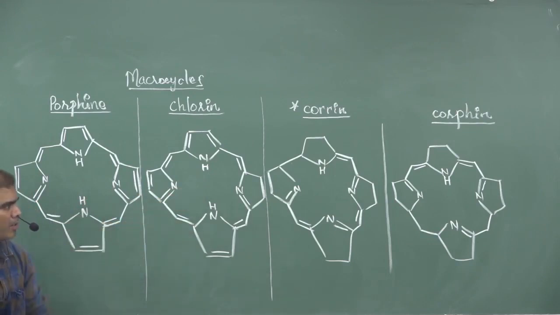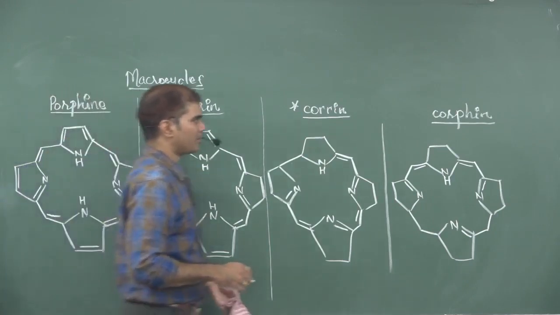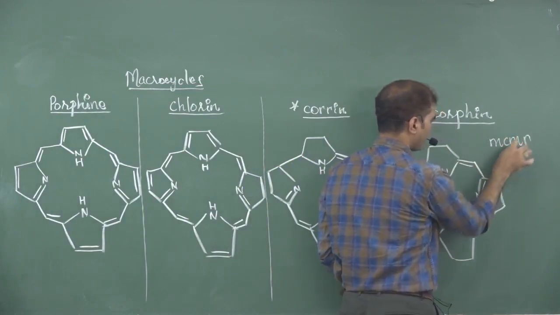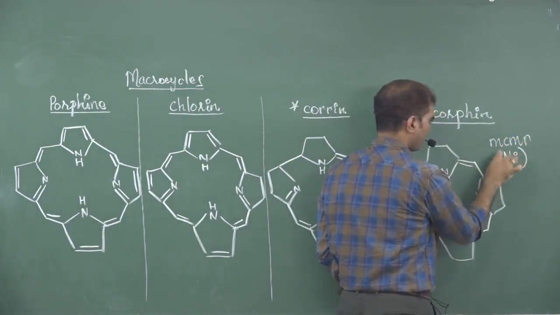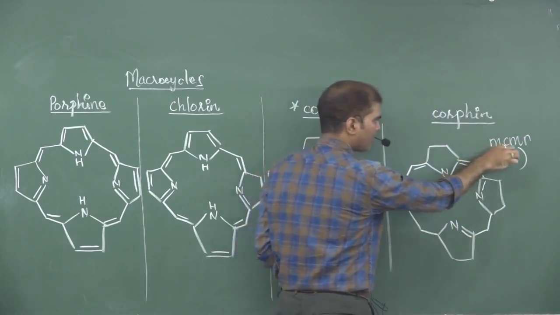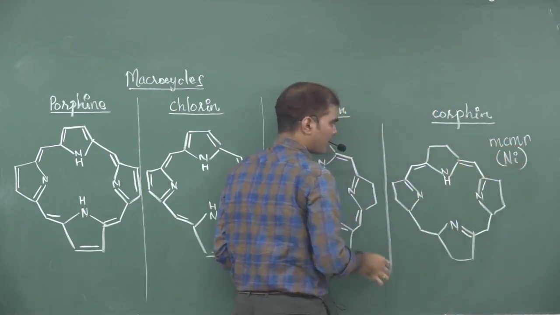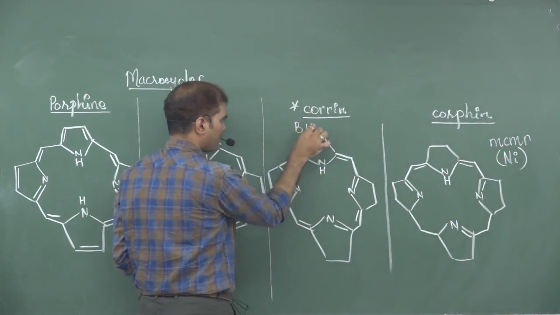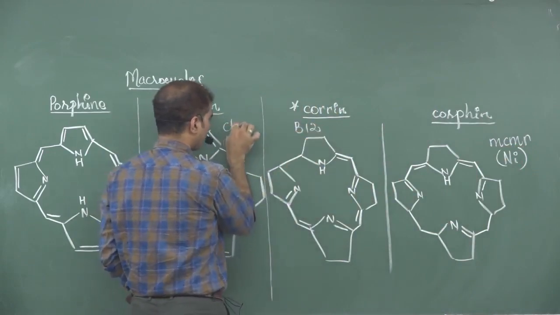And the last, corphin, is also called hydrocorphin. Nickel can be found in it. We call it MCMR as an example, methyl coenzyme M reductase, where nickel is found.